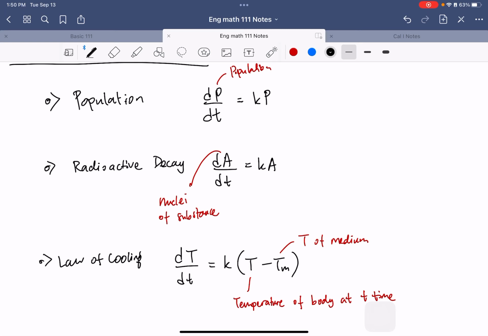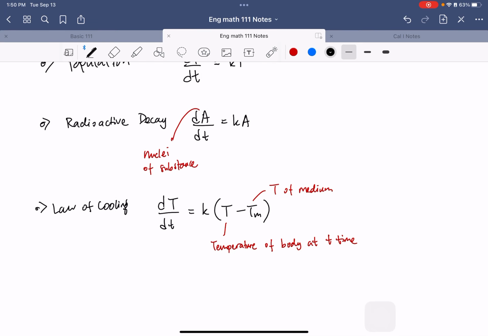And maybe some additional one here is probably for disease, like the spreading of a virus, like current situations. We can also predict with some models.